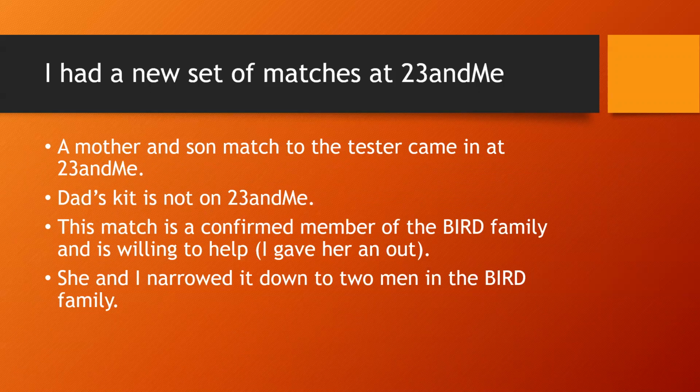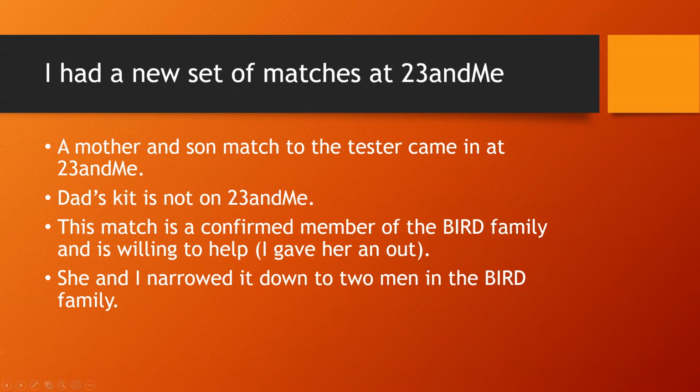This is kind of the general message that I sent to her. Do you want to know? Because I think that people actually do have the right not to know if that's their decision. If she had said to me, I don't want to know, bye-bye, then I would have been fine with that. And I would have just used that match to the tester at 23andMe and tried to figure out how she fit in. But she was willing to help.